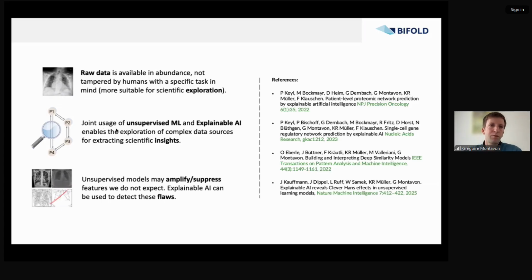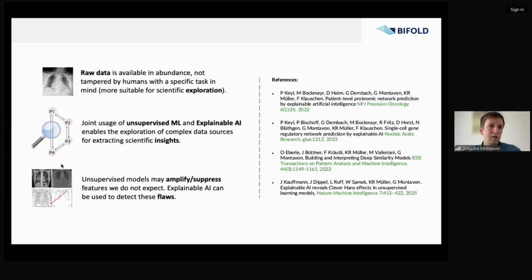Now, if you combine unsupervised machine learning and explainable AI, this can help to enable the exploration of data sources, for example this tabular data, which we use for trying to infer regulatory networks, and in some cases gain some new insight into what things are related in these networks.